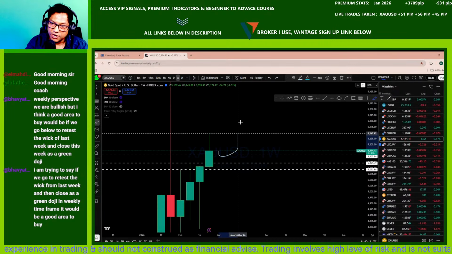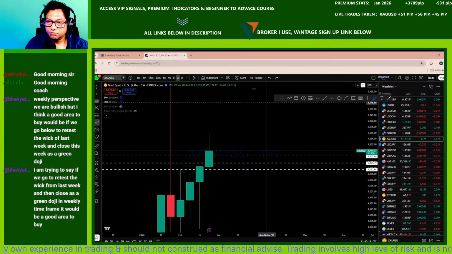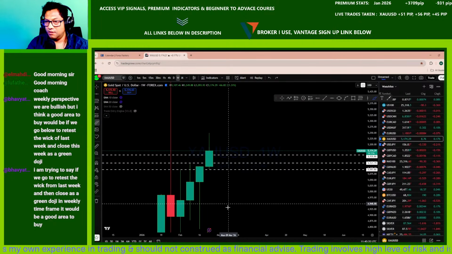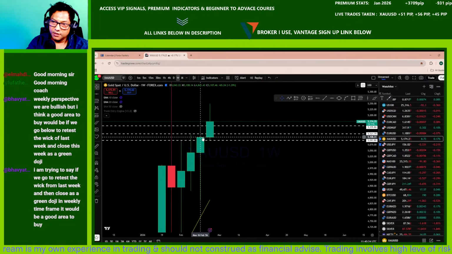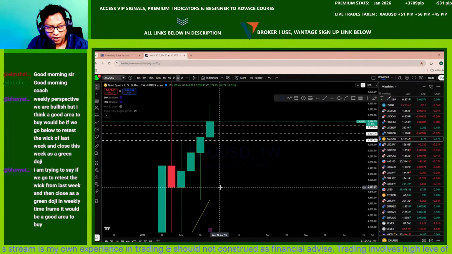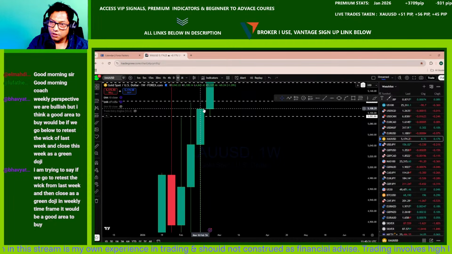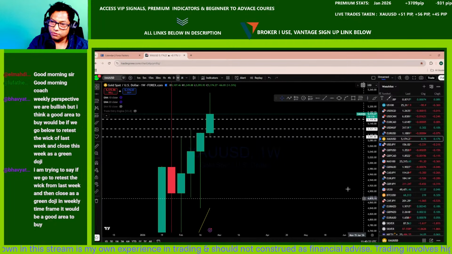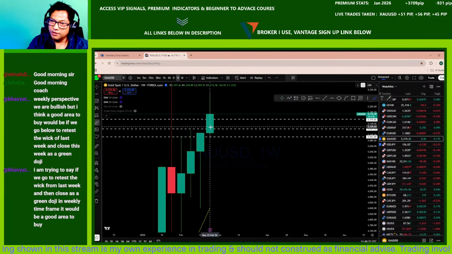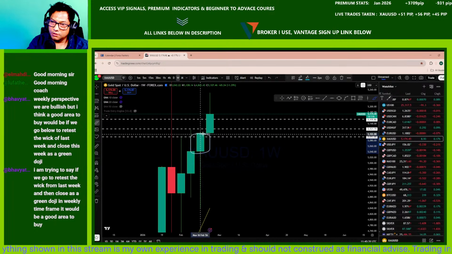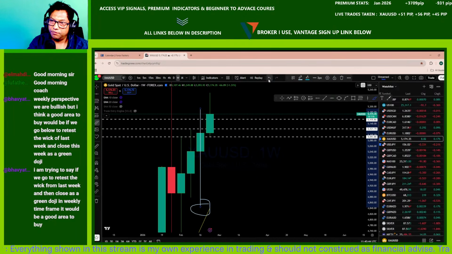So we might see the market push further rather than breaking below, because here, see the previous weekly pin bar, that was a full body candle close hammer.